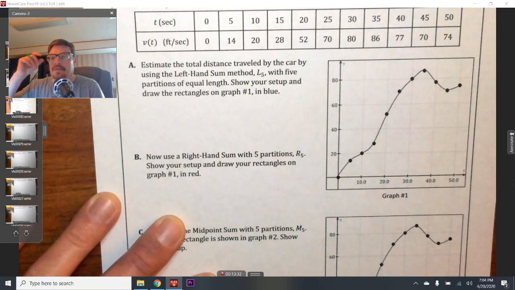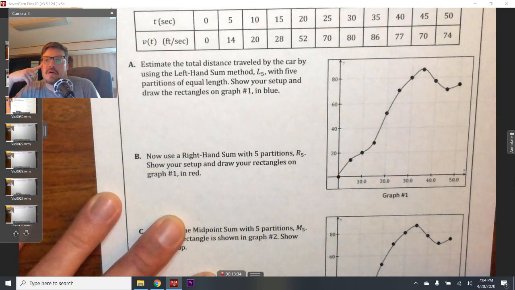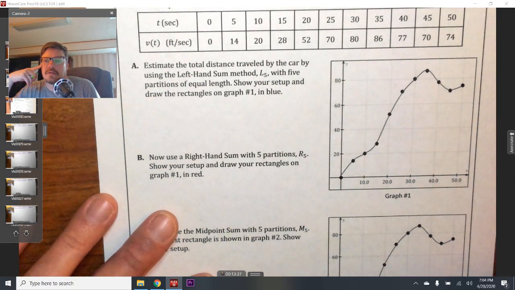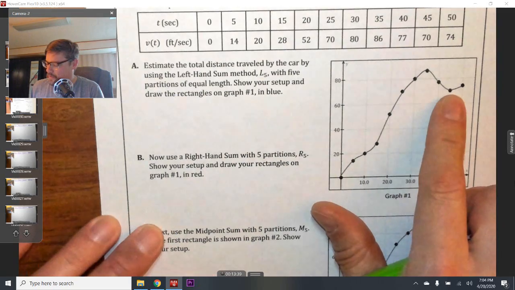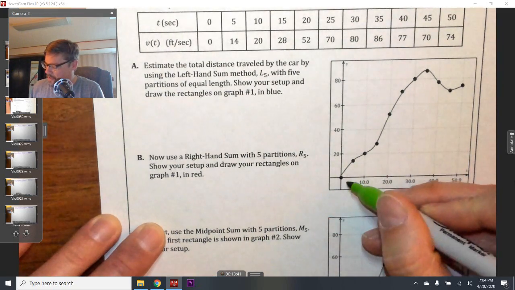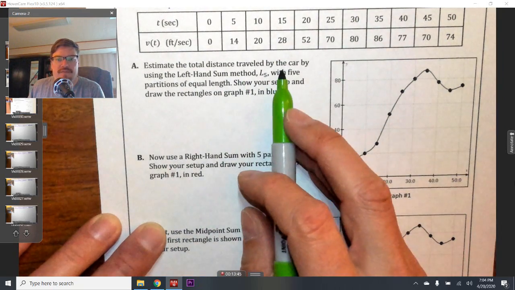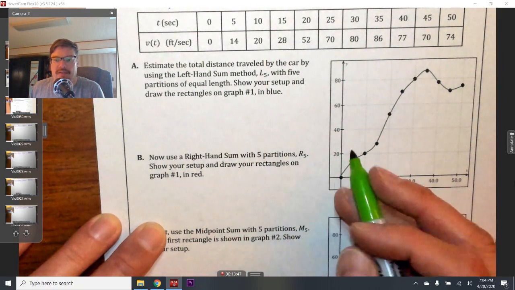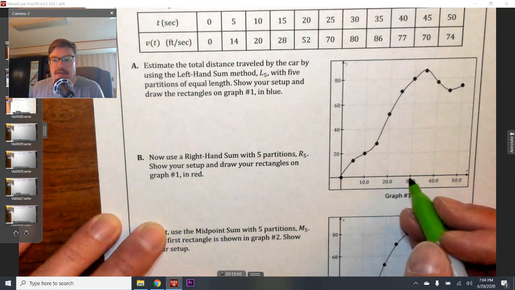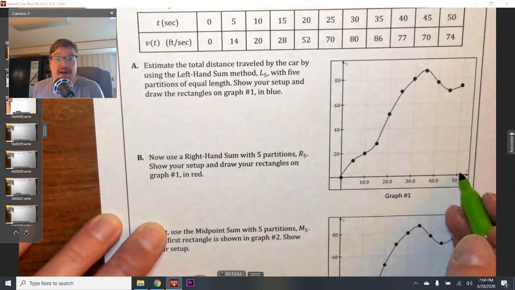So we only want to use these blocks here. You can see our width. We want 5 partitions, and in our head we can see we're going to have 1, 2, 3, 4, 5 rectangles.